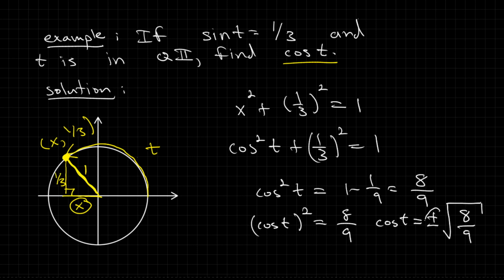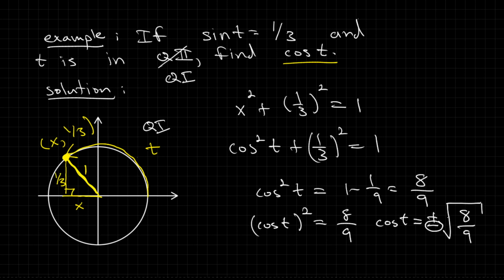So notice we have this plus or minus here. This is where the information that x is negative will help us out. So we know that x, or in other words cosine of t, is negative, so I will choose the negative here. If it were in quadrant 1, then this would be a positive that I would choose because the x values in quadrant 1 are positive, but it's in quadrant 2, so I know the x values are negative.